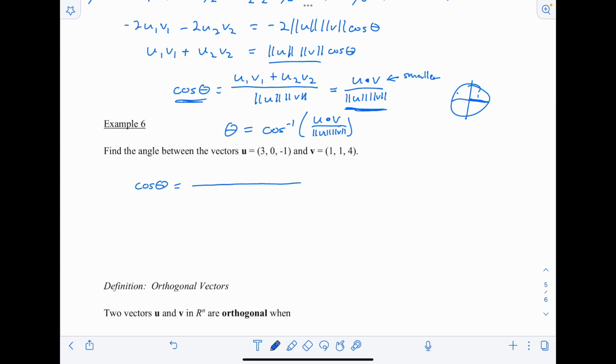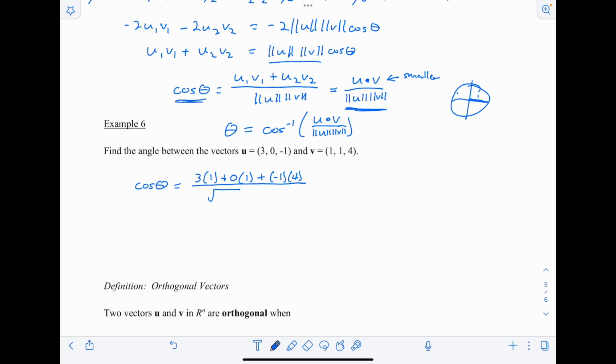So the dot product, again, is just multiplying the components: 3 times 1, plus 0 times 1, plus negative 1 times 4. And then in the bottom, we need the magnitude. In this case, I'm going to do this kind of in my head, because remember, it's 3 squared plus 0 squared plus negative 1 squared.